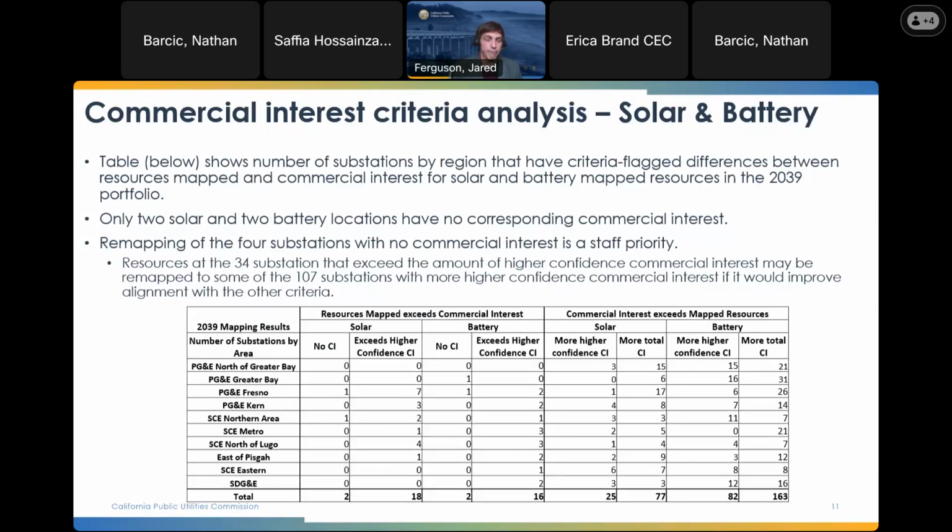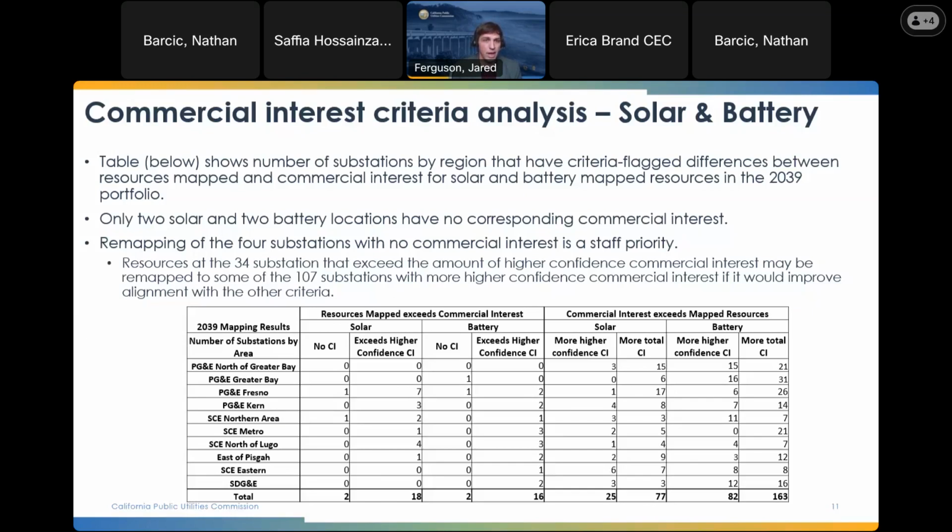I know I'm flipping back and forth, but it's easier to implement. It has the number of substations that we have resources mapped to, where the criteria showed we have more megawatts mapped than there is commercial interest.